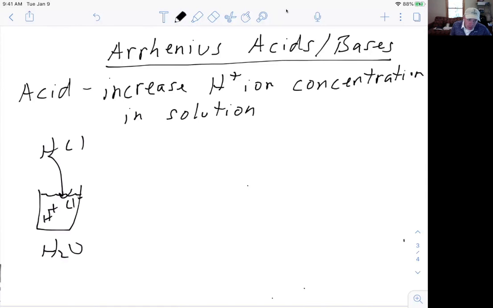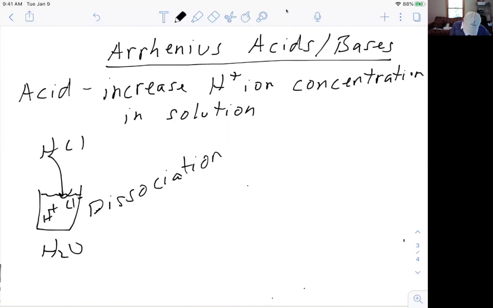And when they break apart into their parts, that's called dissociation. Dissociation means to break apart. And what happens is that it simply broke into its ion form, H plus and Cl negative.